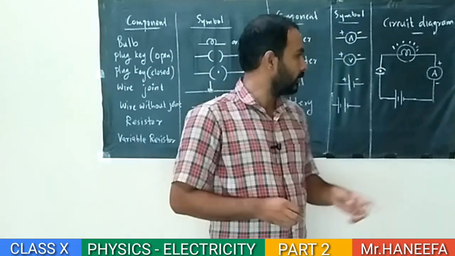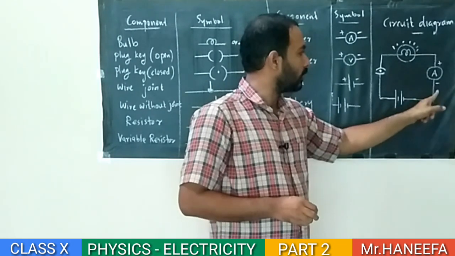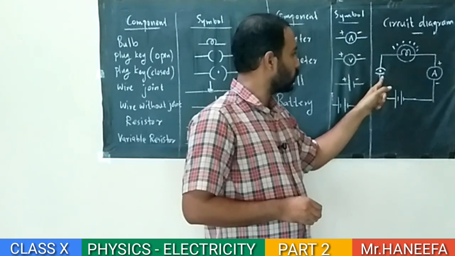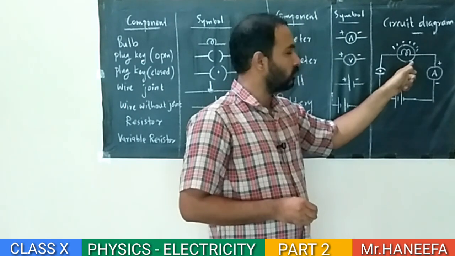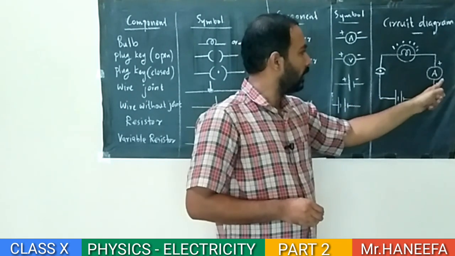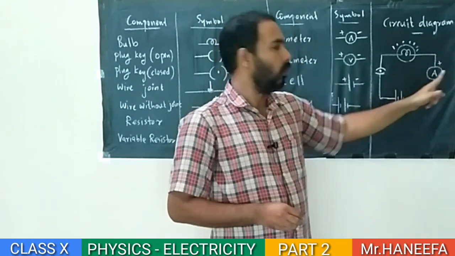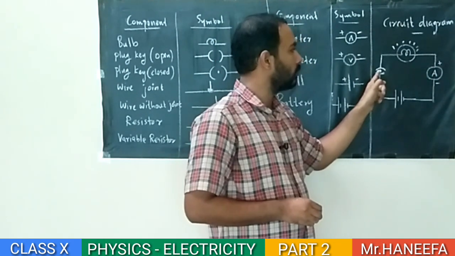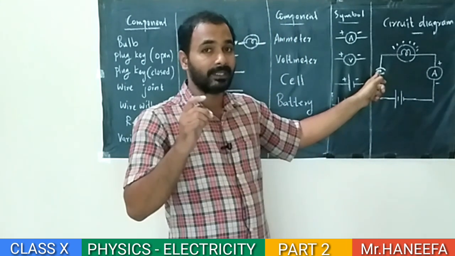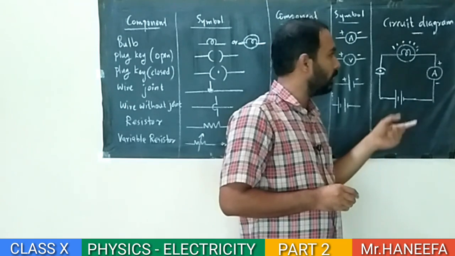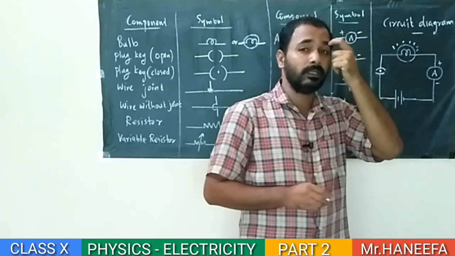Okay, so here connecting wires are used. Battery, switch, electric bulb and ammeter. When switch is on, or switch is closed, or plug key closed, electric current passes through this circuit and electric bulb glows.